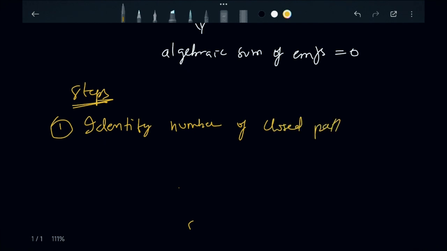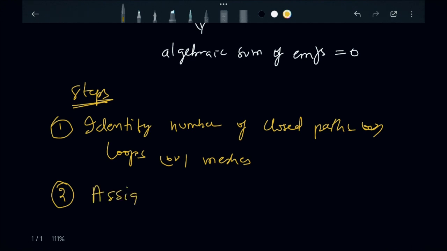This is the first task whenever you are given a circuit to solve using mesh analysis. After identifying the meshes, you need to assign currents. The direction is your choice, whether clockwise or anti-clockwise. Assign currents in each loop.